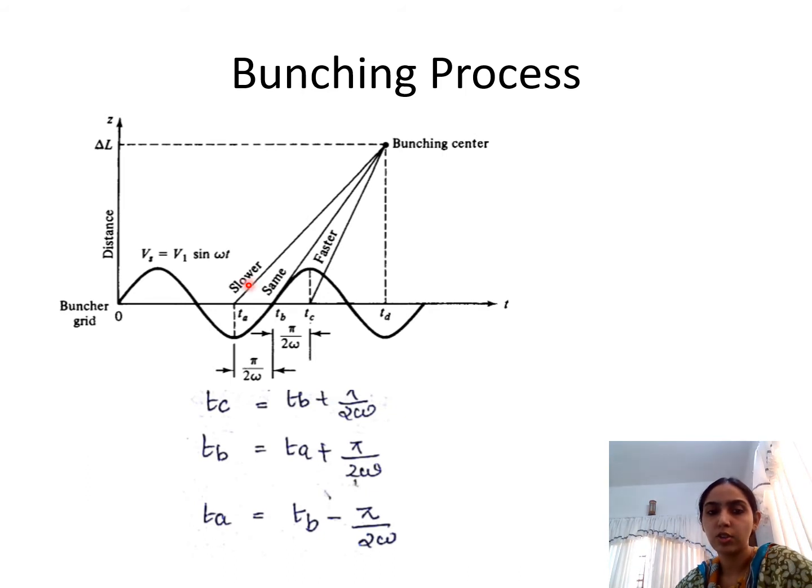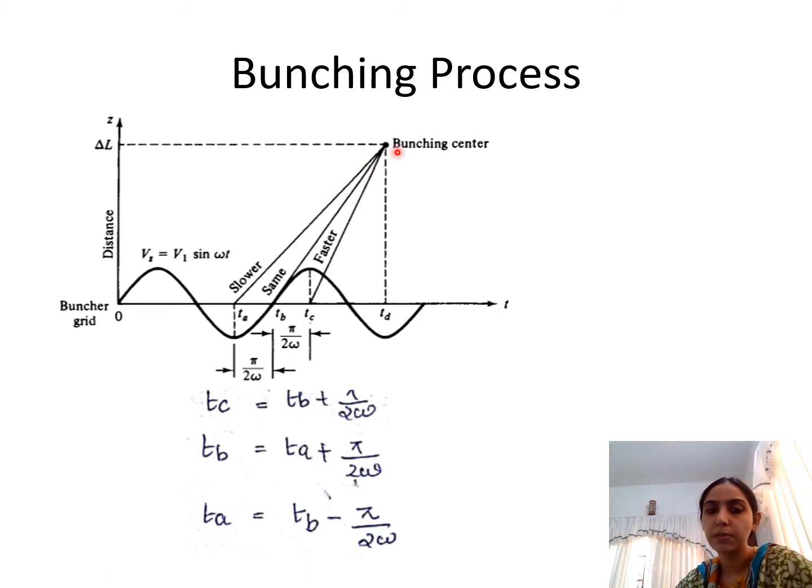Those electrons which pass the buncher gap when the signal voltage in the gap is zero will come out of the buncher cavity with the same velocity. Their velocity is not changed in the process, so such electrons become the bunching center.